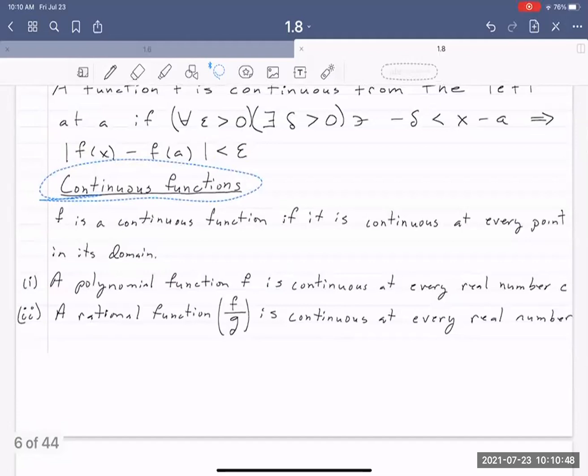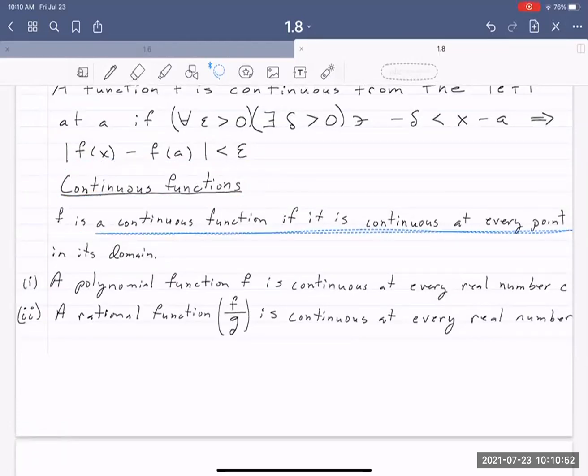Continuous functions. A function f is continuous if it is continuous at every point in its domain. So note the following. This is an obvious definition, but when you look at it in pictures, it's not as obvious as it should be.